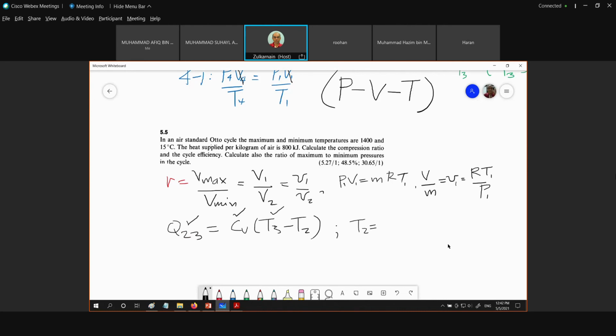So this is 800 equal to 0.718 times (T3 minus T2). Can we use the T3 as 1400 degrees C, or do we need to convert it to Kelvin? Yes, we can, because this is delta, so we can use 1400 minus T2.